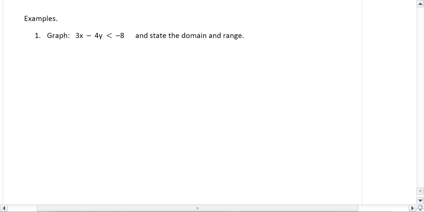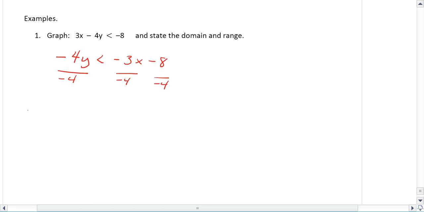So in this first example, we're asked to graph this inequality. Well, we cannot enter it into the calculator until we've solved for y, so we need to do that first. Start by subtracting 3x from both sides, and then you need to divide each term by -4.